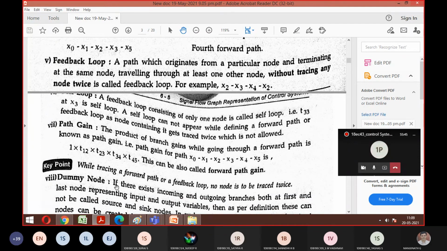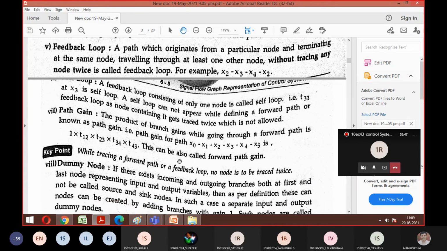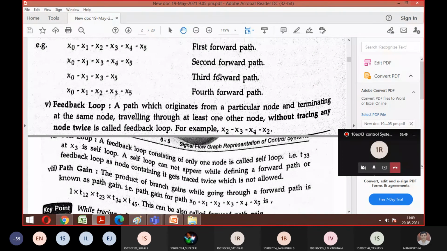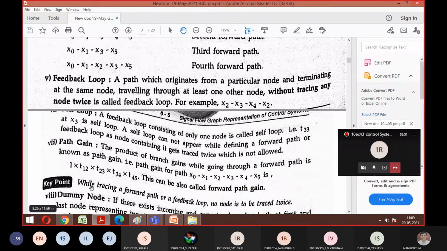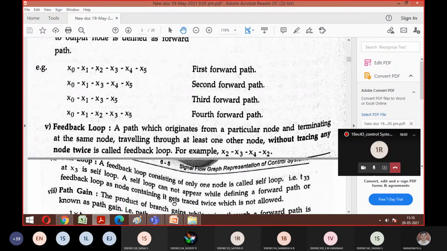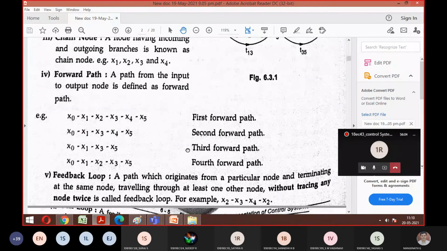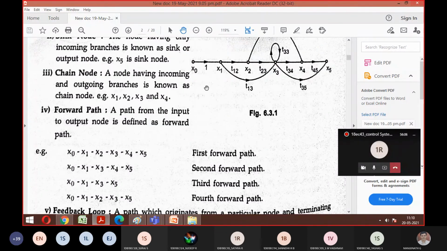See the condition here. Why are the second, third and fourth not taken? Because of this note: while tracing a forward path or a feedback loop, no node is to be traced twice. If you go with the second forward path, is it touching here?